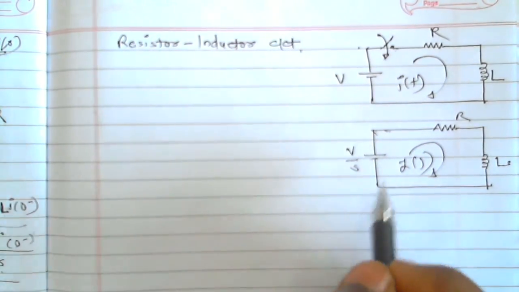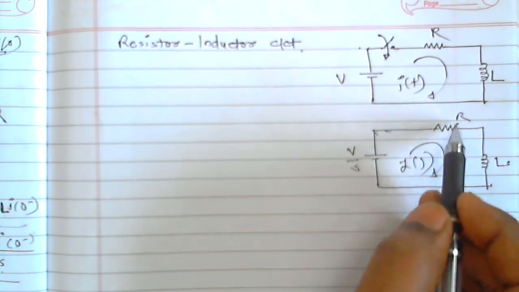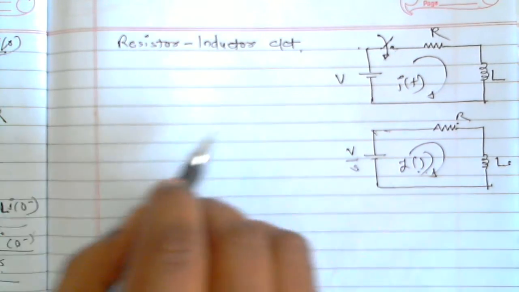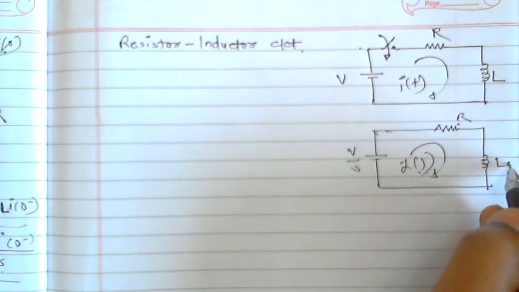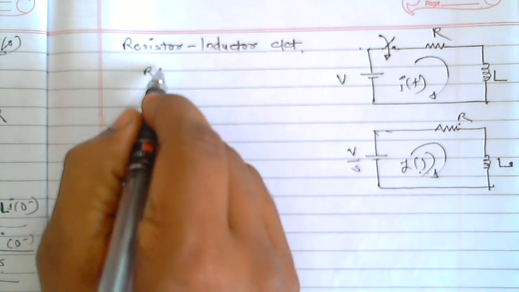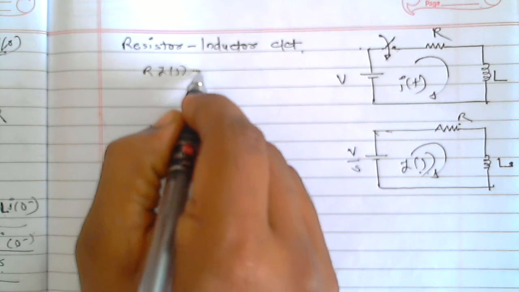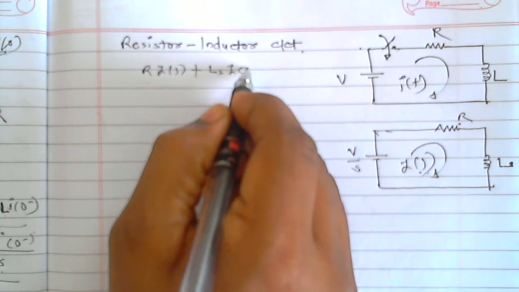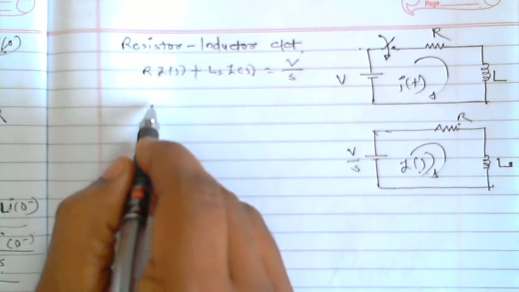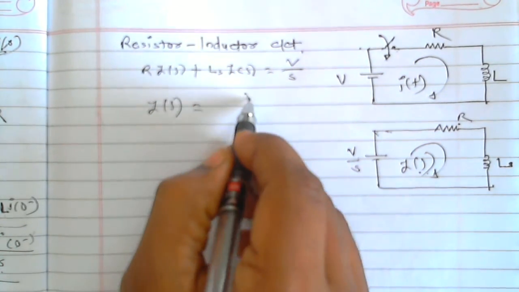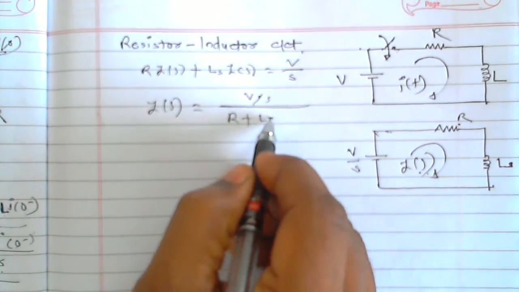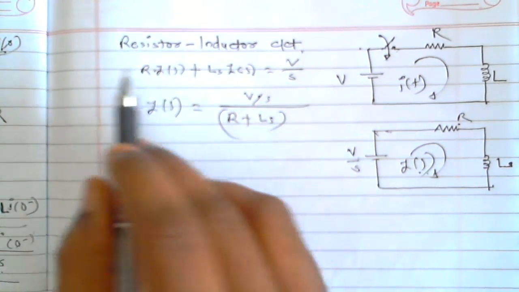So if I apply KVL over here, then it becomes R into I(s) plus Ls into I(s) equal to V/s. So rearrange this equation: I(s) equals (V/s) divided by (R + Ls), as I have taken I(s) common.